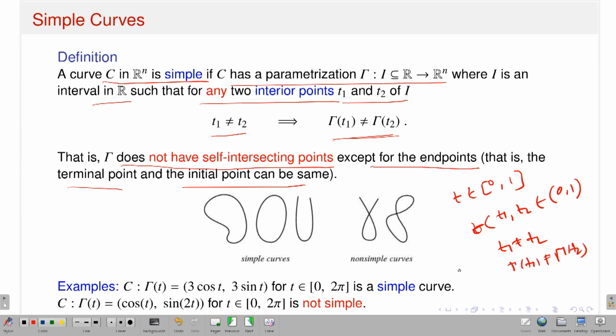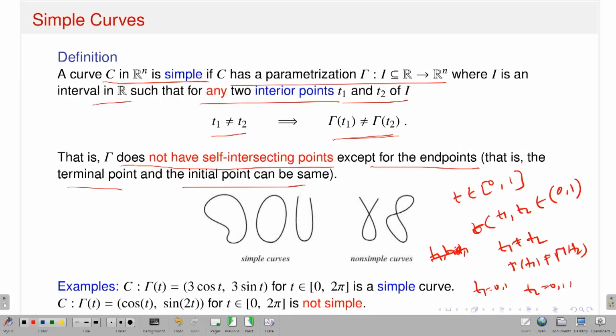But if t1 or t2 take the values 0 or 1, at the boundary points I do not demand that. What I demand is that if they are interior points, not the initial or terminal point, and t1 differs from t2, then gamma t1 is not equal to gamma t2.